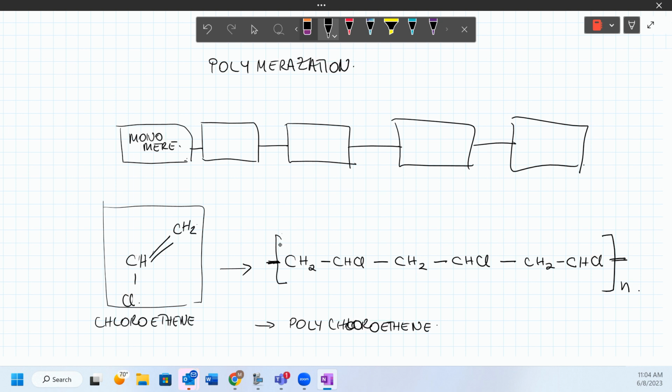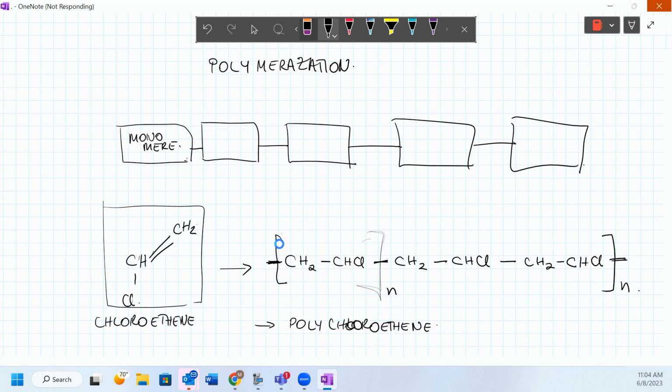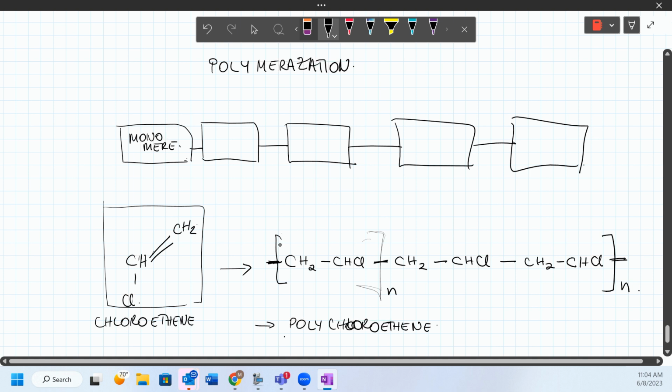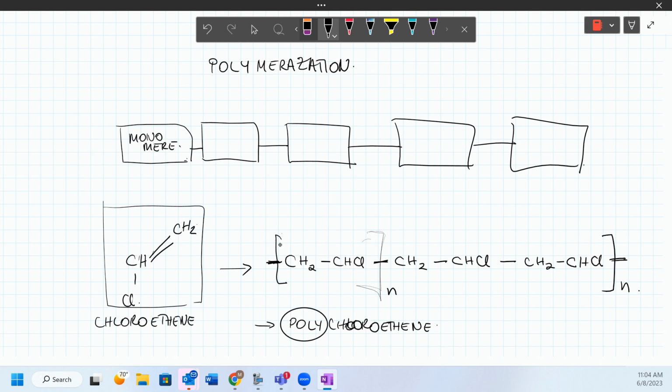You can just say only the base or the mer, and then have the two lines here, and then have an N at the end, indicating that you have more than one of this. And then you name it as a poly of whatever is the mer, the monomer, the base, the block that you are building it on.